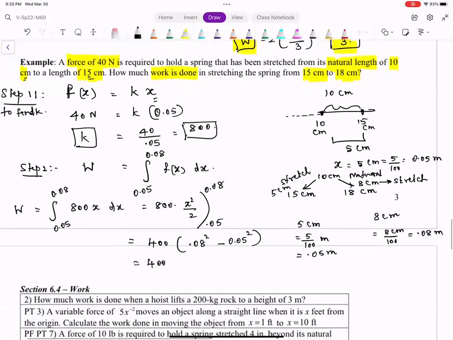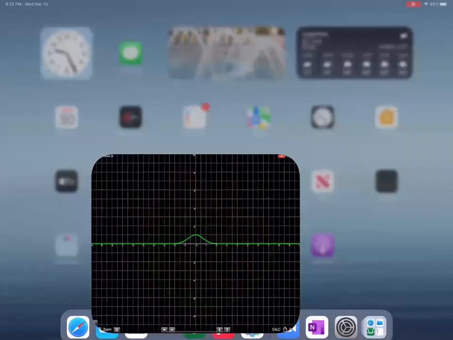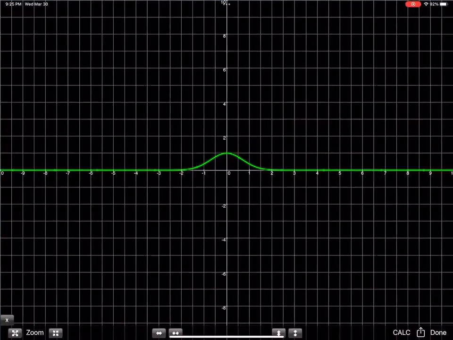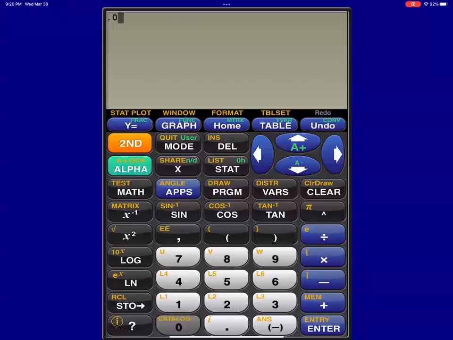That is 400 multiplied by, if you compute this, 0.08 square minus 0.05 square, that will be 0.0039.